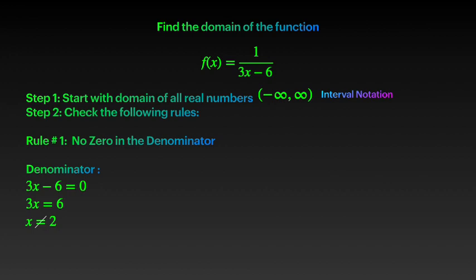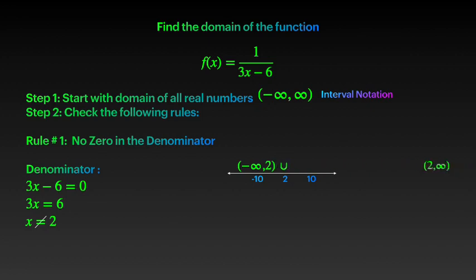How do we eliminate 2 from our domain? Let's take a look at the real number line. First, we'll start at negative infinity all the way to 2. Parentheses at 2, this means we are not including 2.